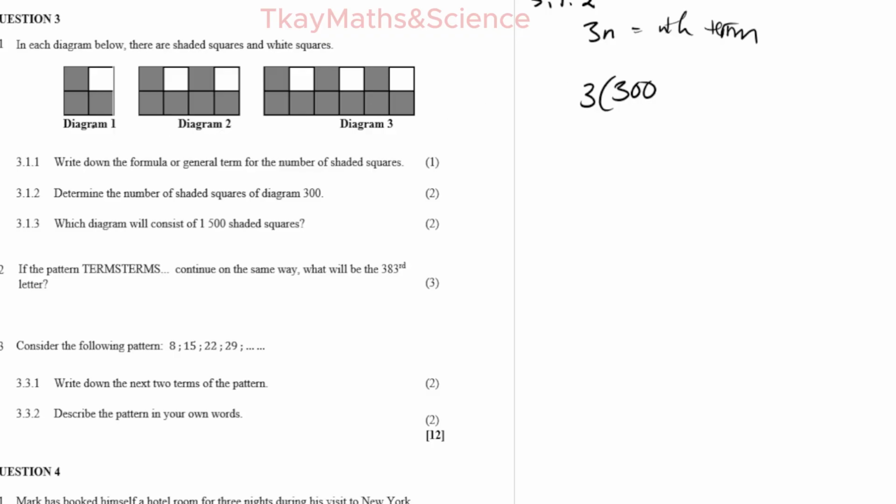That's the term. Actually, because diagram 1 is term 1, diagram 2 is term 2, diagram 3 is term 3. So diagram 300 is going to be what? Term 300. Okay. So we're going to get what? 300 times 3, which is going to be 900 shaded squares.